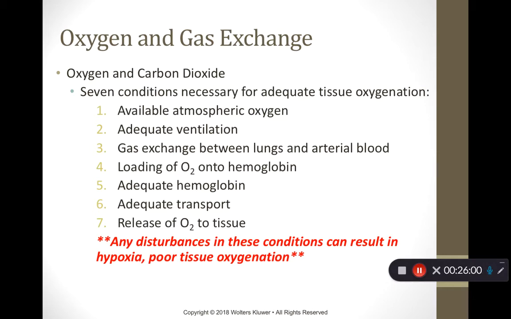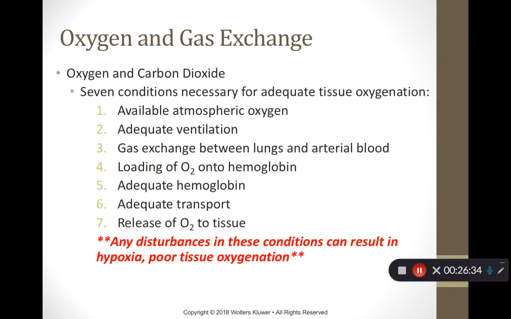So remember, oxygen in metabolism is crucial to life. Partial CO2 is measured basically to evaluate the patient's oxygen status, and is typically measured along with pH in your routine blood gas analysis. So oxygen and carbon dioxide are measured together, and basically there are 7 conditions that are necessary for tissue oxygenation.